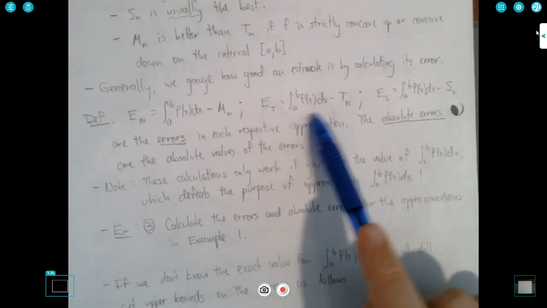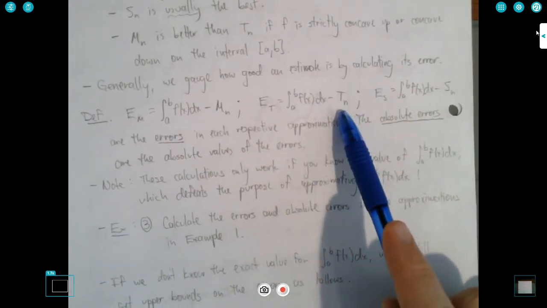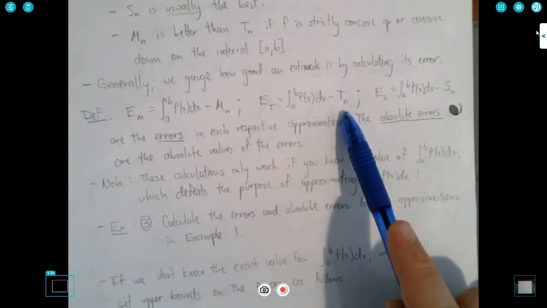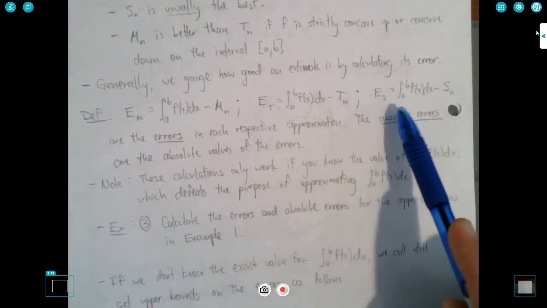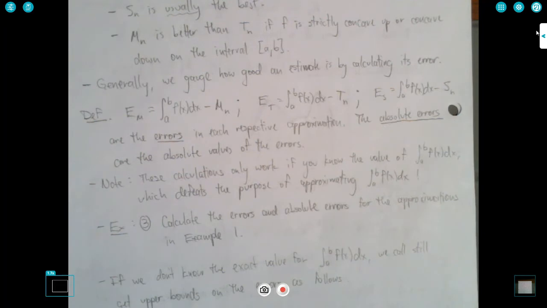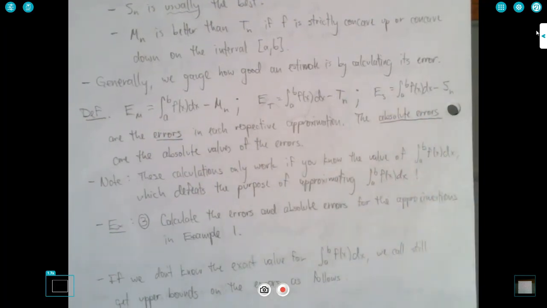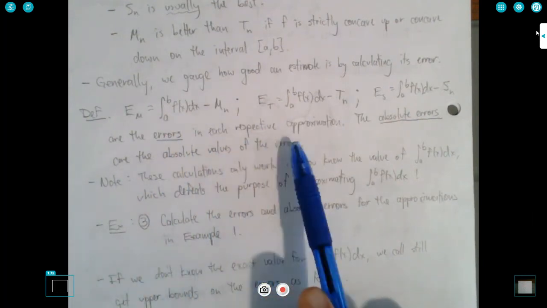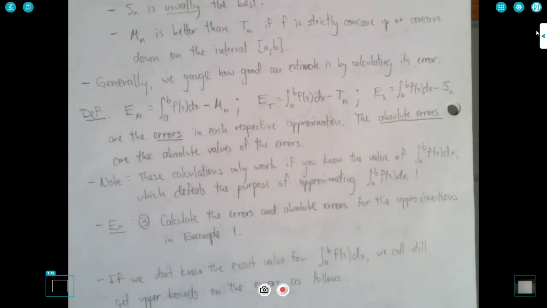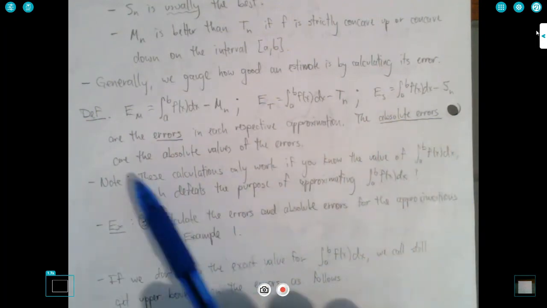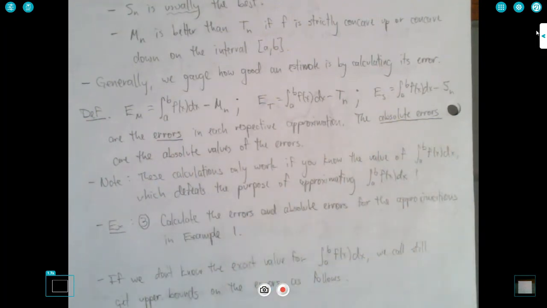It's just the actual value of the integral minus the trapezoidal approximation. And for Simpson's rule, the error is the actual value of the integral minus the Simpson's rule approximation, right? So these are called the errors for each of their respective approximations. The absolute errors would just be the absolute values of those errors, okay?